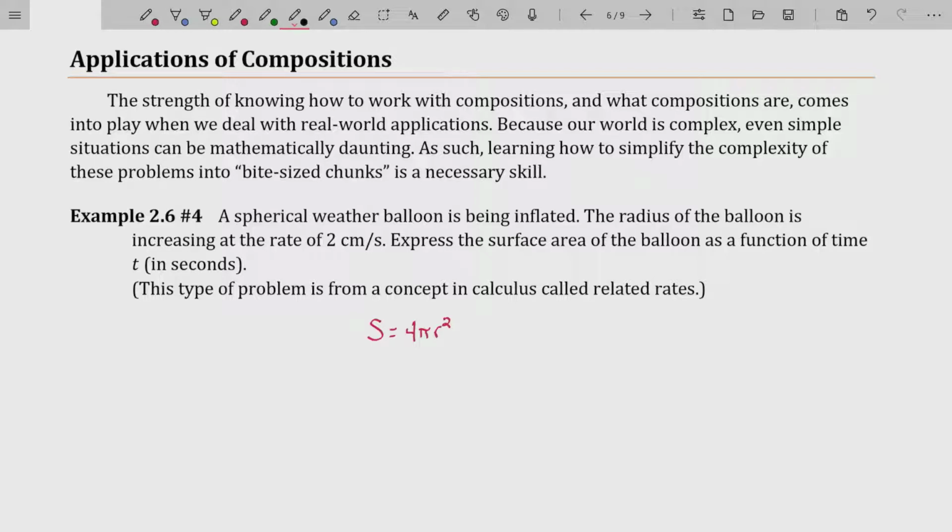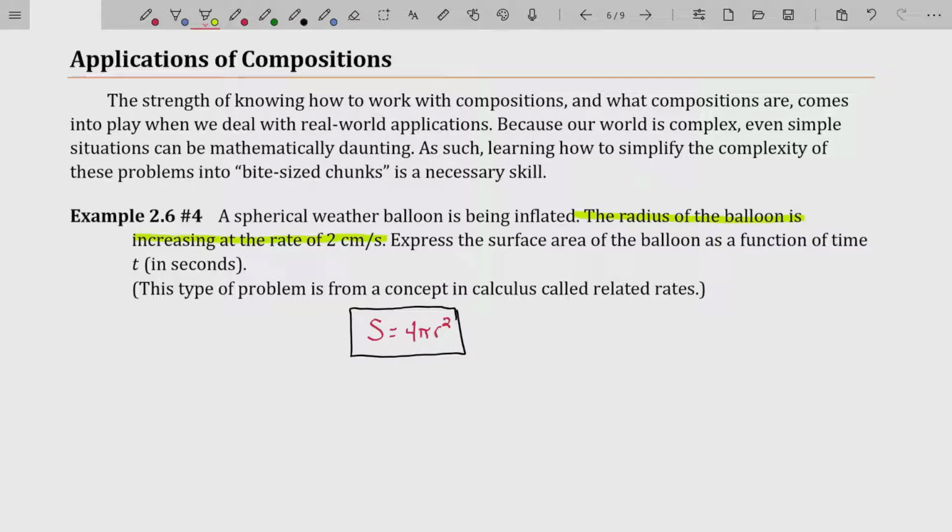So we know the formula for surface area. We can look it up, it's just that. But you can't actually look up this version of the surface area formula. So knowing how to deal with these types of problems is incredibly important. So let's see, the radius, we're told, is increasing at a rate of 2 centimeters per second.